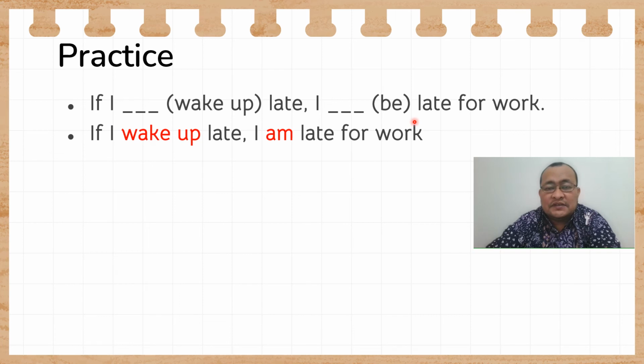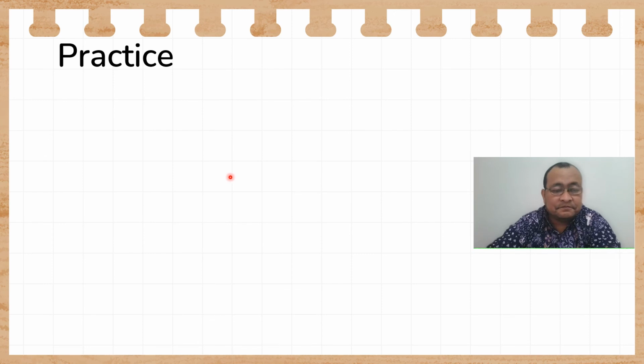In the main clause, also present form. If I wake up, the subject is I, so wake up. The to be for I is am, so I am late for work. If I wake up late, I am late for work. Present in the if clause, present in the main clause.